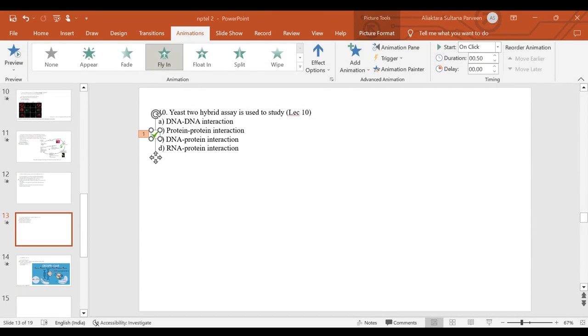What is being done is that some transcription factors are used. We know that a transcription factor binds to a gene, and because of its binding, it leads to the expression of the gene. So the expression of the gene can be used as a readout for the binding of the transcription factor to the transcription start site, or the upstream element of the gene.